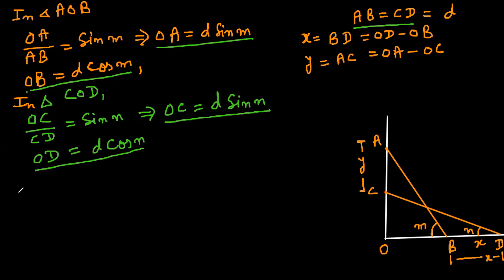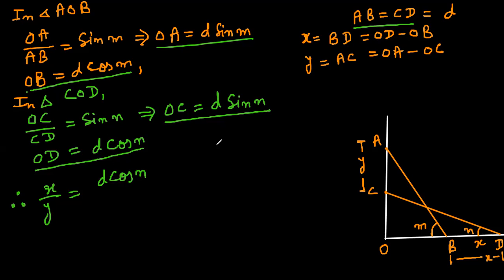Yes. Therefore, you can say x over y is equal to, in place of OD, we are going to write its value, OD is small d cos n.